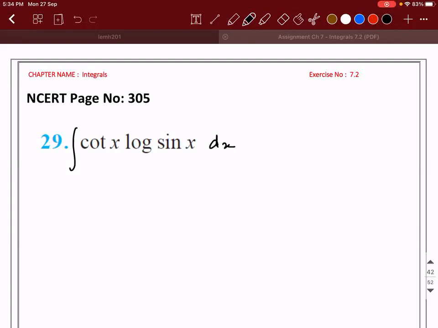Integral of cot x into log of sin x. We take log sin x as t, sir. Yes, that's advisable because 1 by sin x into derivative of sin x will give cos x, which will be dt.